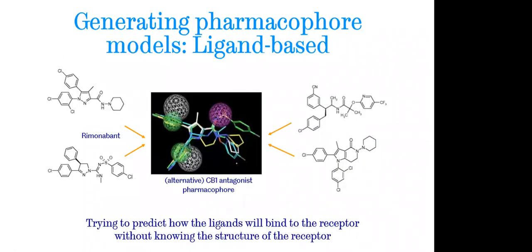For pharmacophores we have many methods, like energy-based pharmacophore and ligand-based pharmacophore. Here we are trying to predict how the ligands will bind to the receptor without knowing the structure of the receptor.